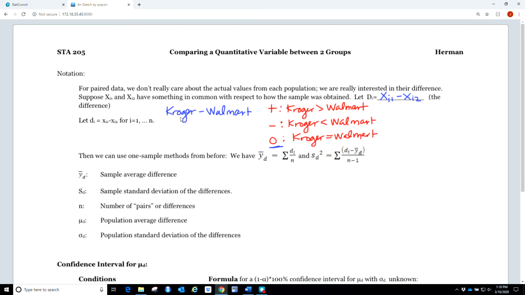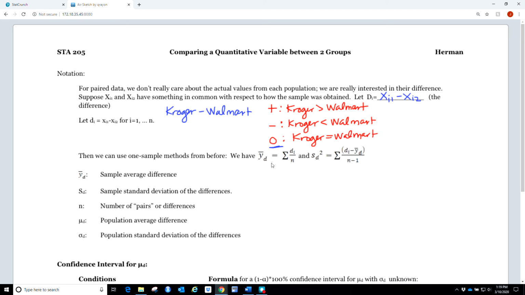We're going to have some slightly different notation to use, because now we're looking at not the prices of the items, but we're looking at the difference in prices of the items. So you remember having the symbol Y bar before, which represented our sample average or our sample mean. What we've added here is this little d subscript to say that's the sample average difference.